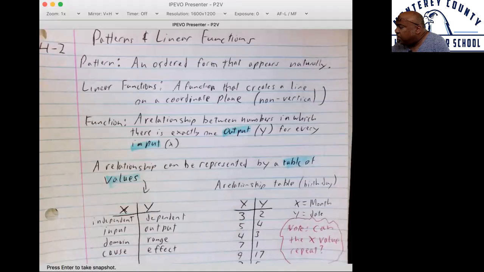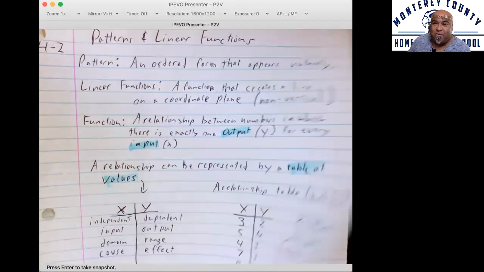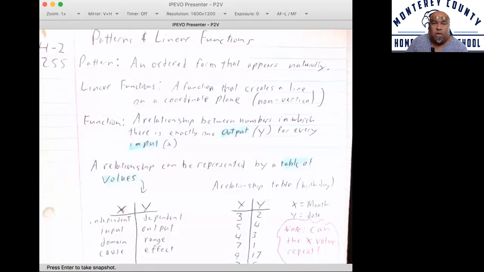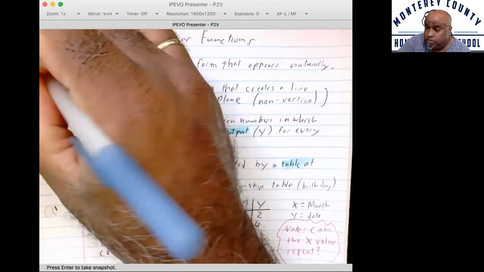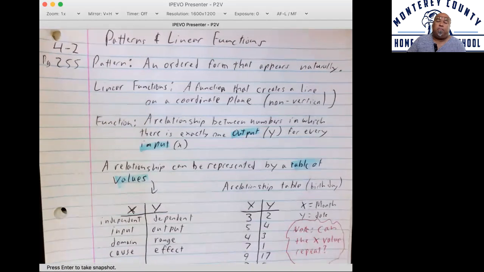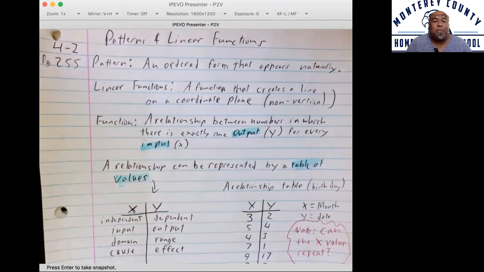Let's see. 255. I forgot to write that down, sorry. Yeah, so it's page 255. Okay, not that that was terribly important. I guess you could find it without that. Anyways, so let's go over the details.